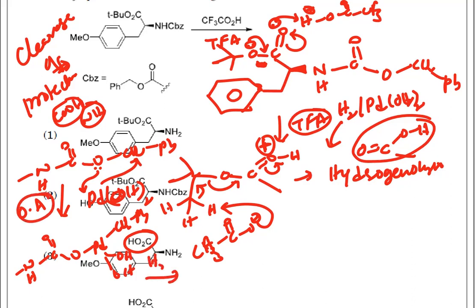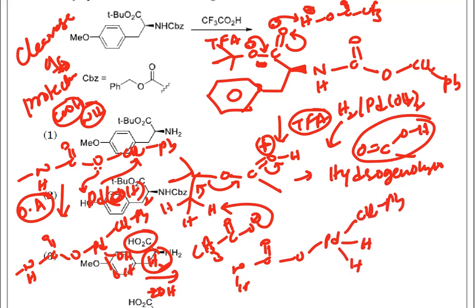In the next step, by the loss of two OH groups and addition of hydrogens. Okay, so simply we can take C double bond O and O palladium, here CH2Ph. Okay, here two hydrogens. Now the reductive elimination takes place here.